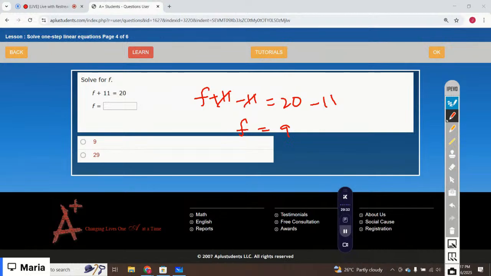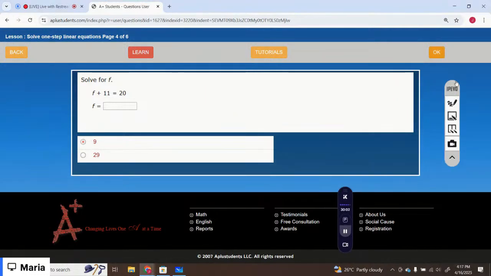That is F equals 9. Option number 1 is the correct option.